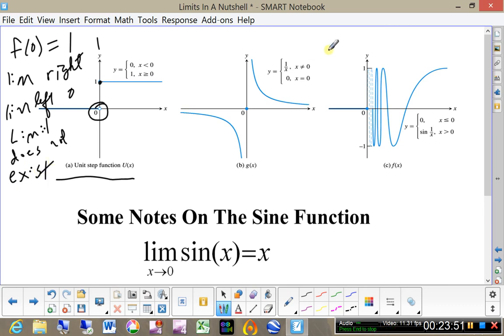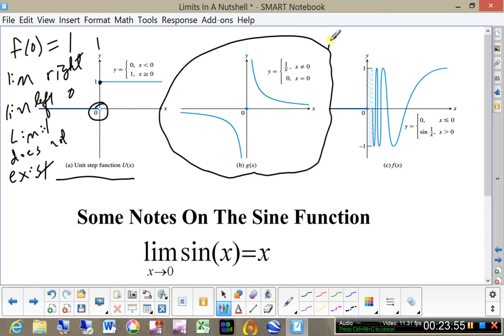Now let's look at another function. I know you've seen it, and by the way, it's good for you to have your graphing calculator here in the classroom and whenever you're trying to work problems. This particular function has a vertical asymptote at x equals 0. In other words, it's not defined at x equals 0.